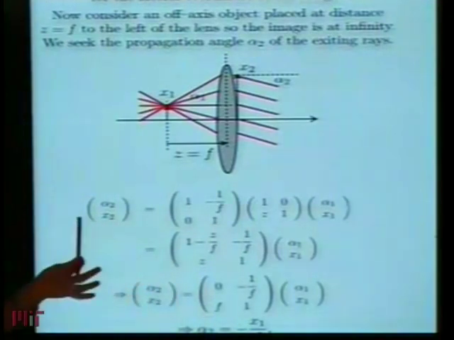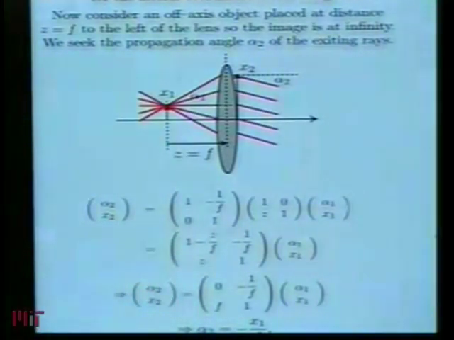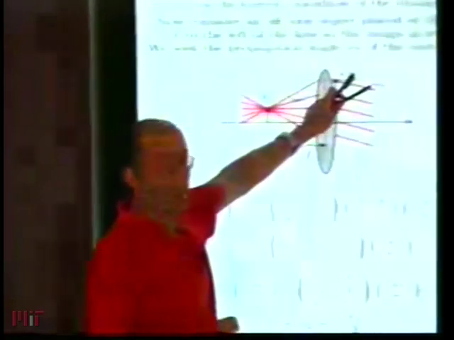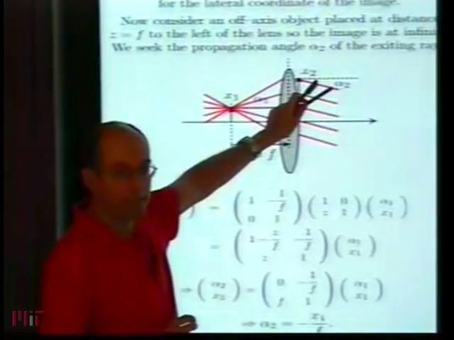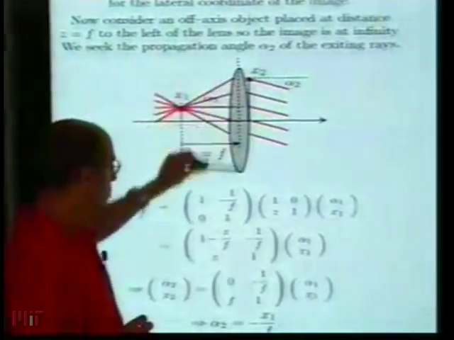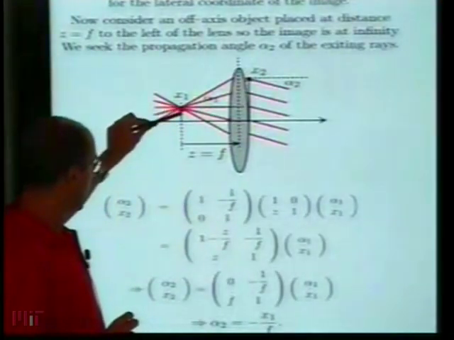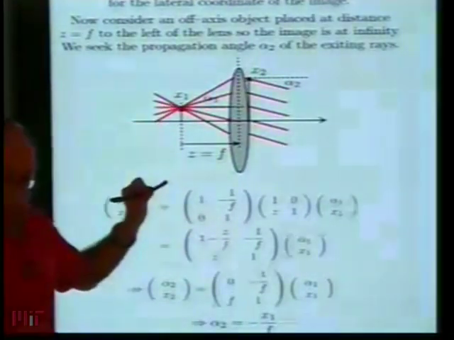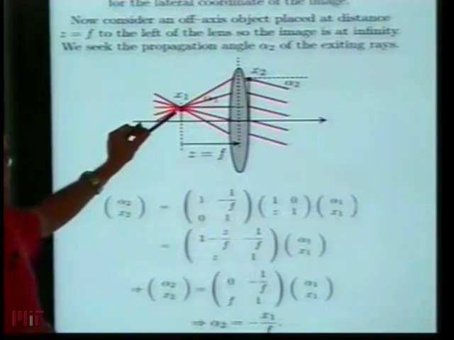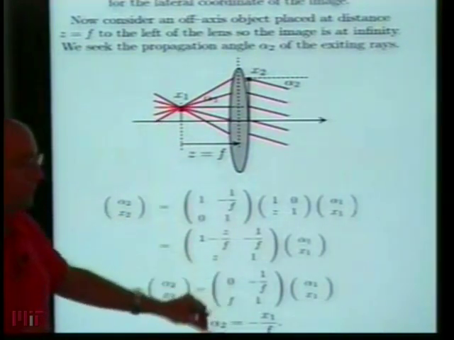If I do this, I will let you do it at home and then come back tomorrow if something is unclear about this. But what I've done is I have solved it, and I find an equation that looks like this. I find that the angle of propagation of the ray bundle to the right-hand side of the lens actually equals minus the elevation of the object divided by the focal length.